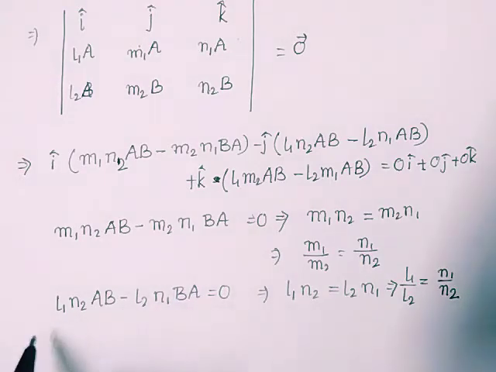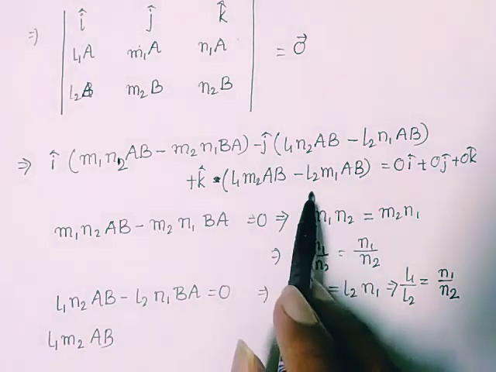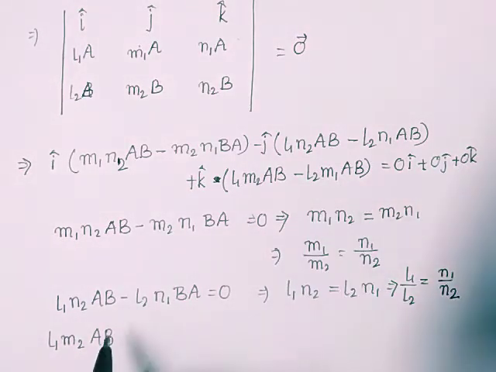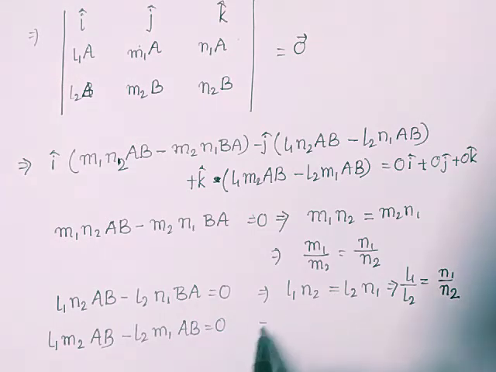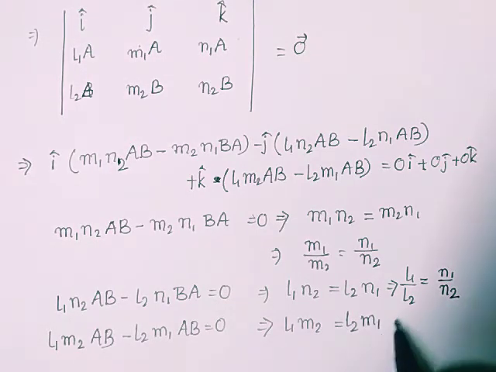Similarly, equalizing the z component, L1 M2 AB minus L2 M1 AB equal to 0, and from here L1 M2 equal to L2 M1.